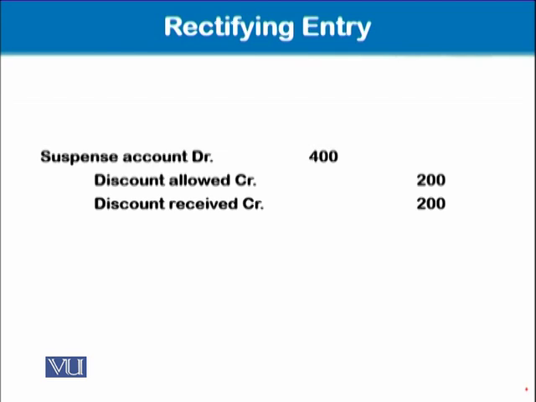So the thing is that instead of recording this in the credit side of the discount received, we debited the discount allowed account. Okay.